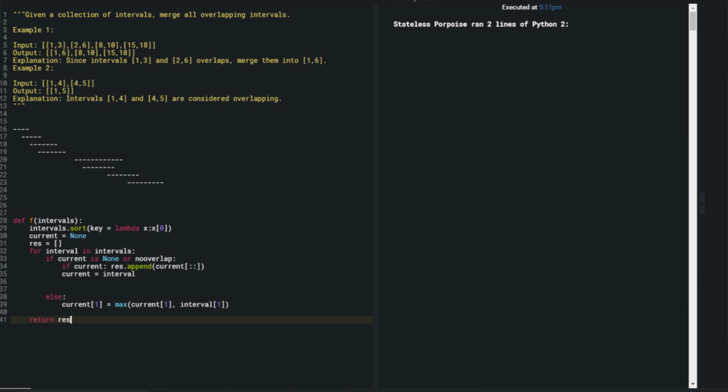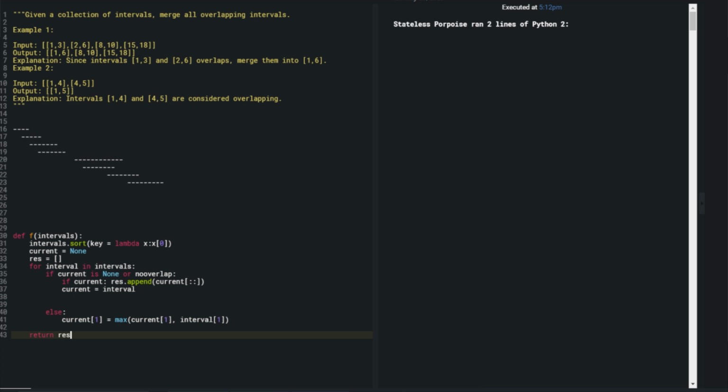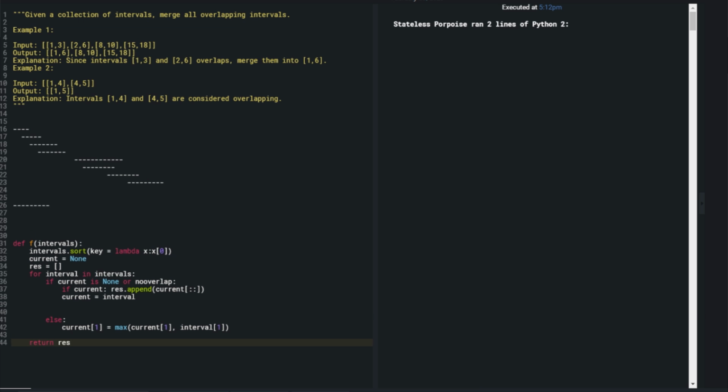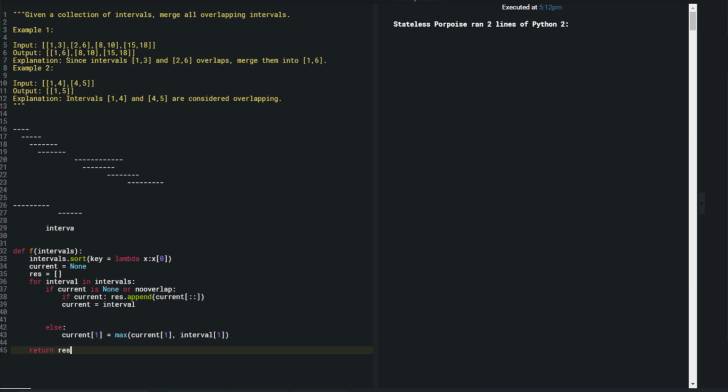Thanks. So I have a current one that's like this, and the next one starts at least later. So if it starts after, if interval 0 is strictly larger than the current end, this means no overlap.